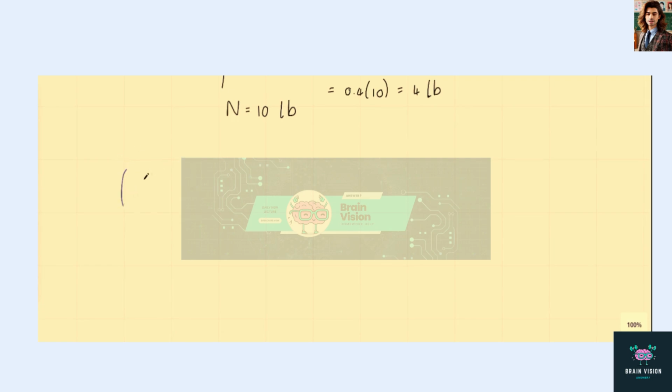So we'll first apply the conservation of linear momentum, and we'll take the right direction as positive. So this tells us that the sum of the momenta before the collision must be equal to the sum of the momenta after the collision. So before the collision, we have the 1 pound ball that's in motion.